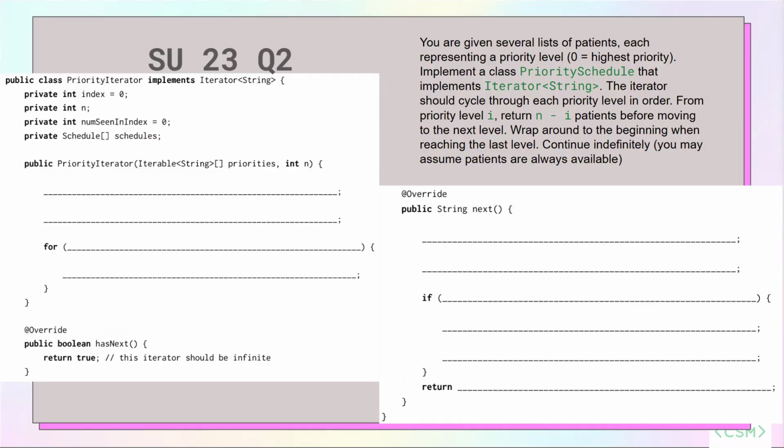What is priorities exactly? Priorities is a list of string lists, right? Each index of priorities represents how much priority to give to that list of patients. For example, the 0th index probably means this group of patients is the most important.